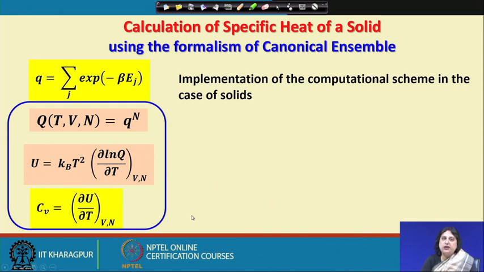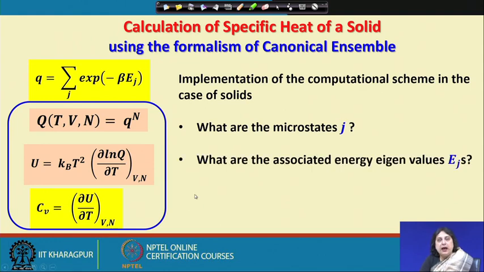But when I have a solid at hand, here the information that I must provide is as follows. What are these microstates that I represent using the index j? And if I know these microstates, what would be the associated energy eigenvalues E_j? Now, in a solid there are constituent particles.